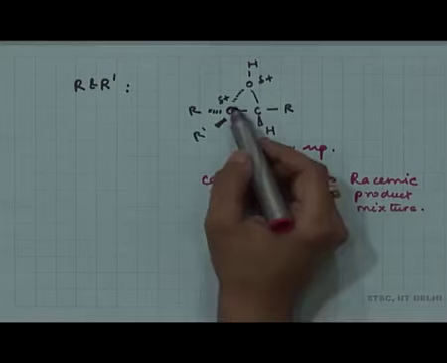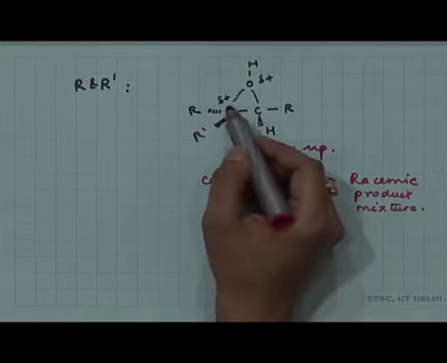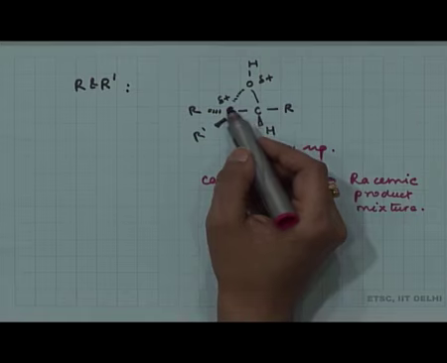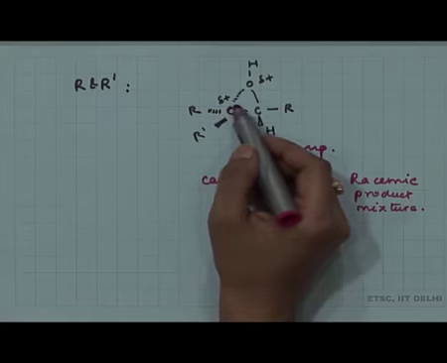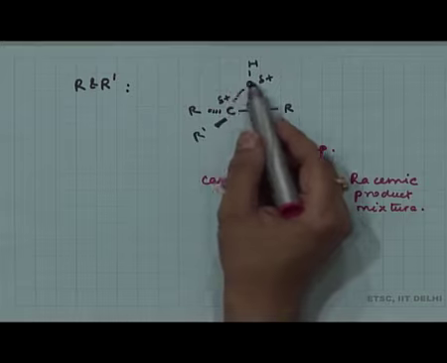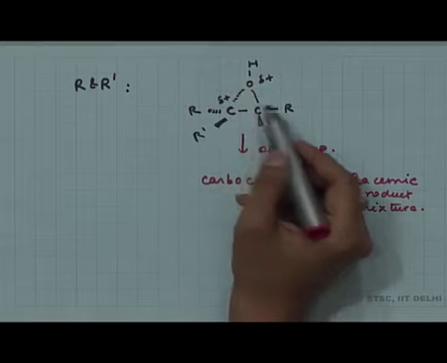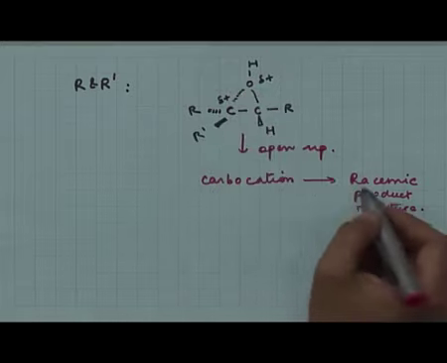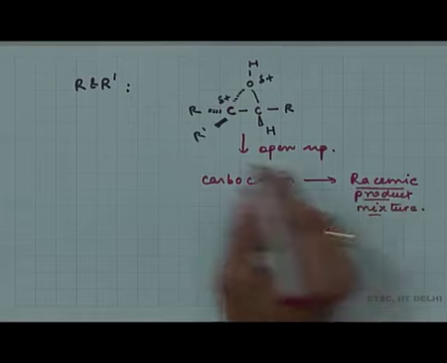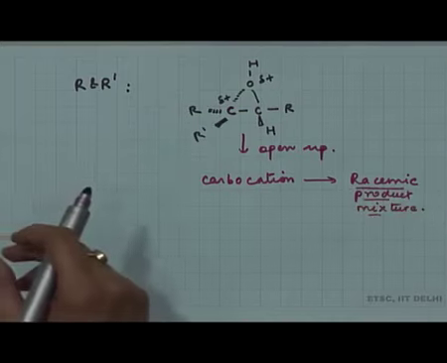So, if these alkyl groups tend to stabilize this carbocation extremely well, then this is going to open up in the first step, right, before the nucleophile attacks, and in that case you are going to end up with a racemic mixture of the products. Okay.